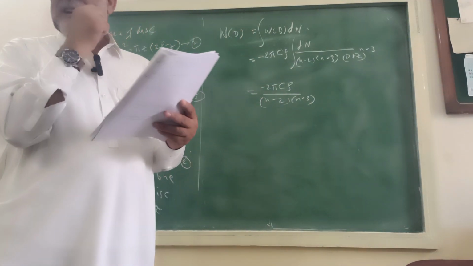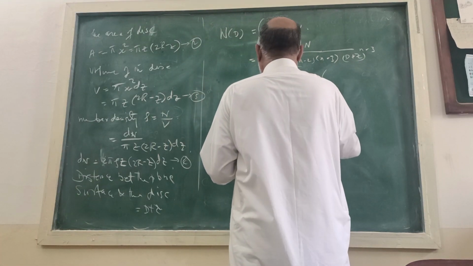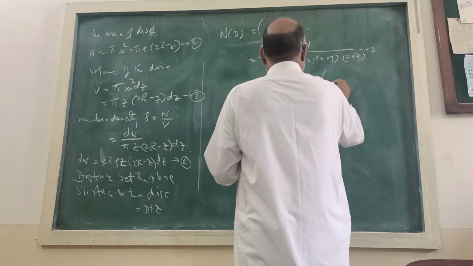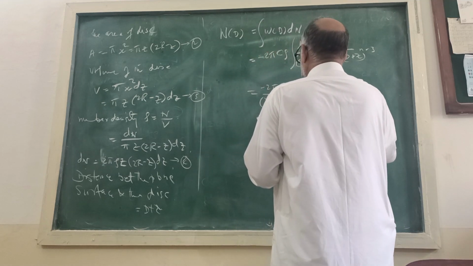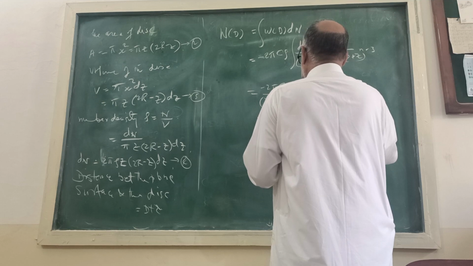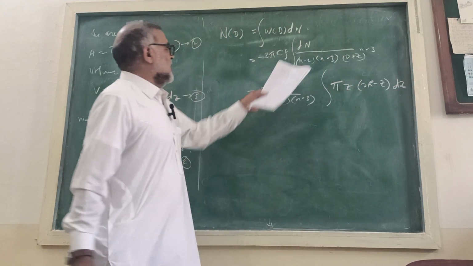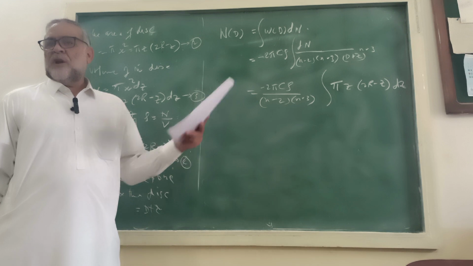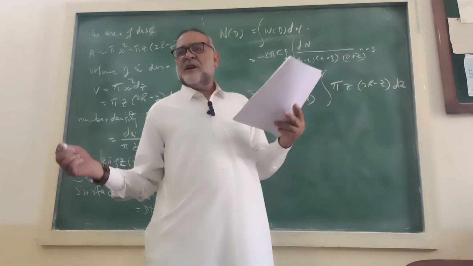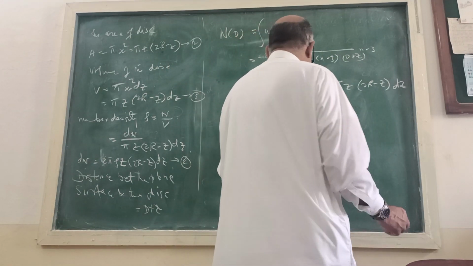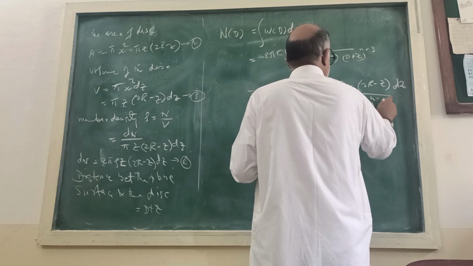I want to get rid of the n, so I will write dn as rho pi z (2r minus z) dz, integrated over dz, with d plus z to the power n minus 3.